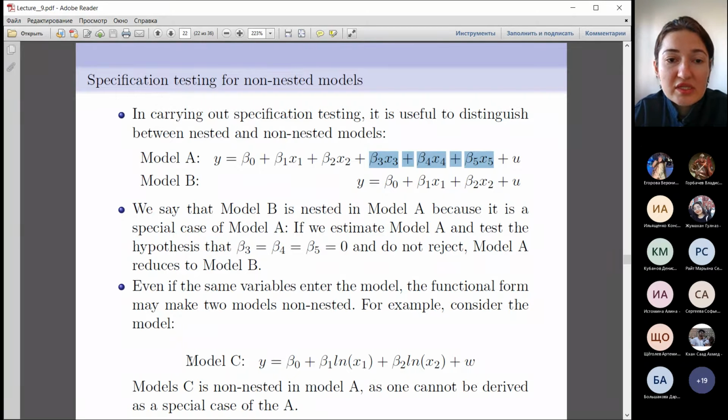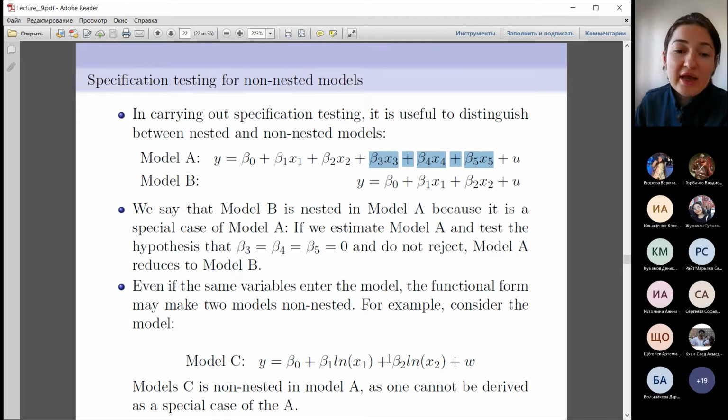Let's compare with model C. Let's find the difference. In model C, you can see again the same dependent variable and even the same independent variables, but these independent variables are in different functional forms.